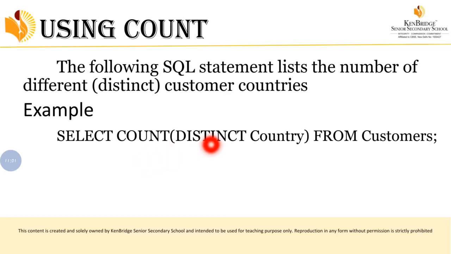You cannot see the values. You can only see how many records or values there are. You don't know which value is present. It will count the values, how many values are there in that attribute, but it will not show you the values present in the table. So let's see the output of this example.